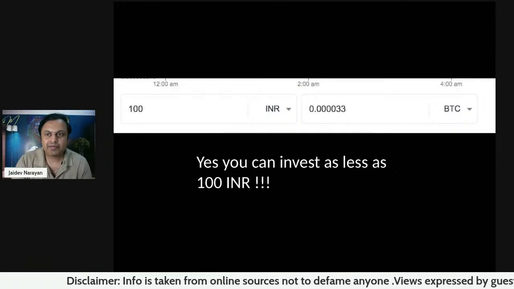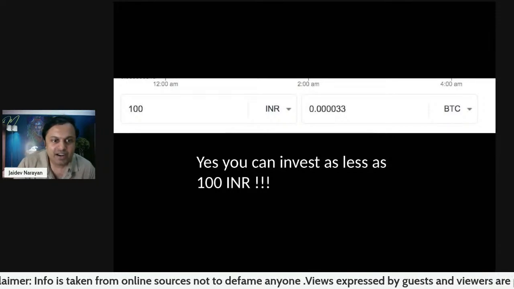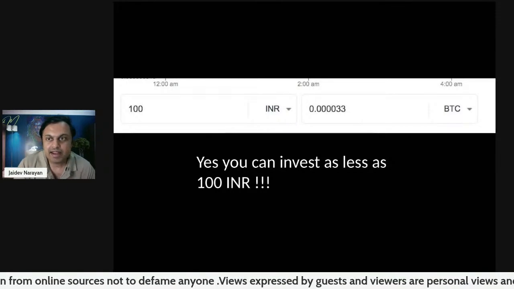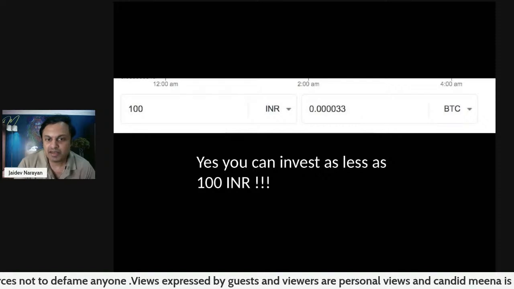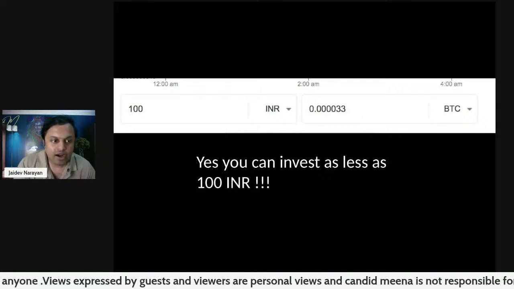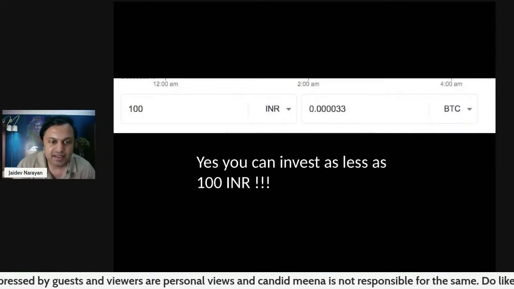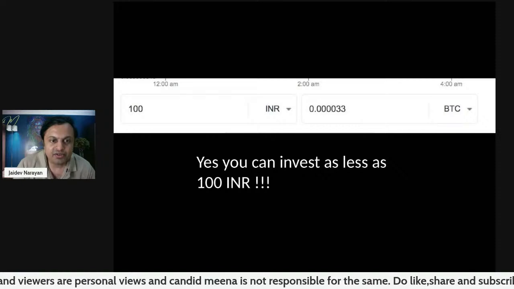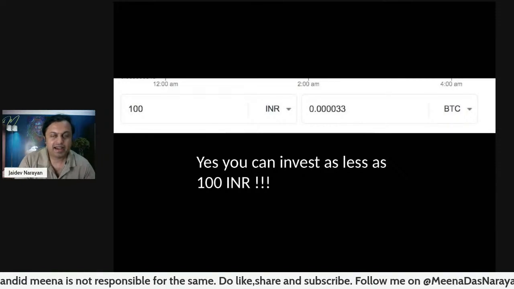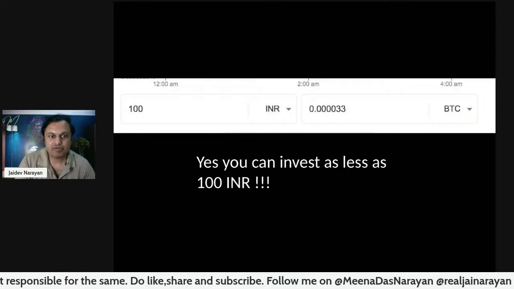The value of 100 rupees in Bitcoin is 0.00033 Bitcoin as of Jan 7, 2021.